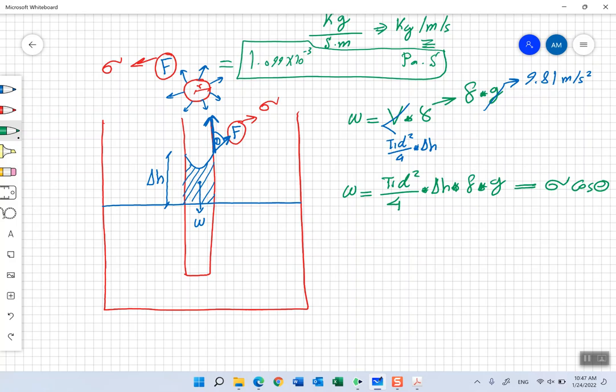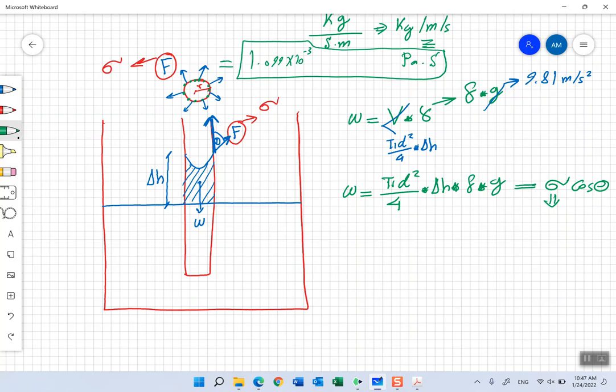Okay, so how can I get this sigma? Actually, this sigma is not a certain force with Newton units. It is a force that is applied on the surface or on the whole cylinder. In other words, if this is the cylinder from above, this force is applied on every point in this perimeter.